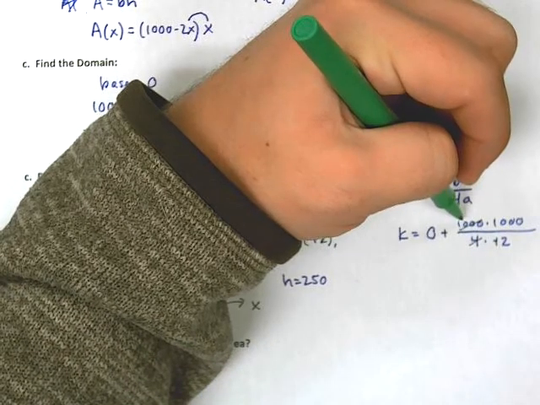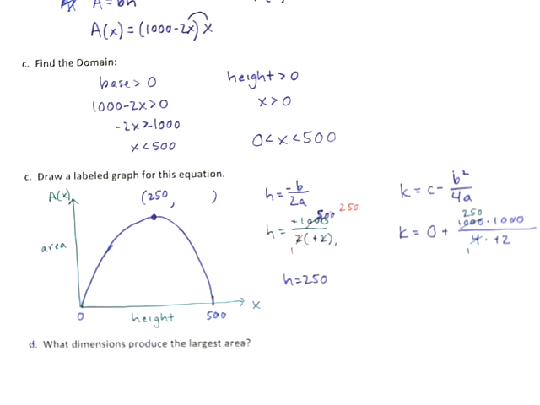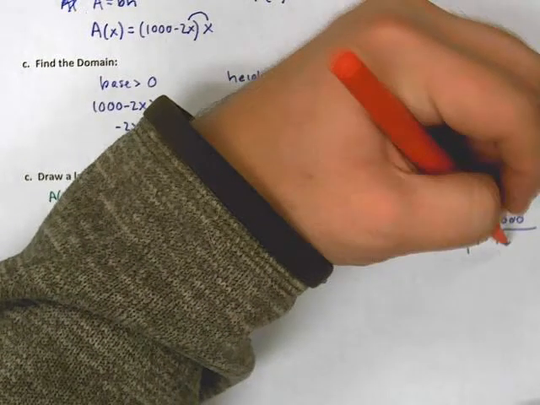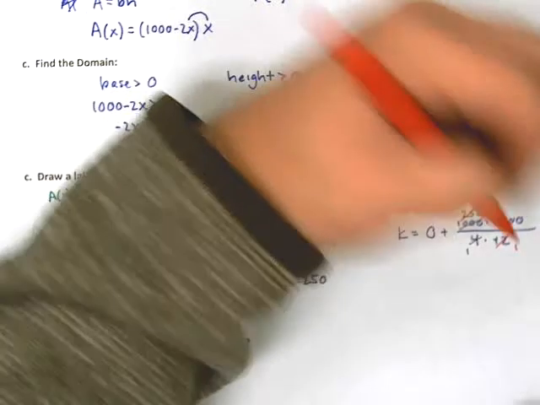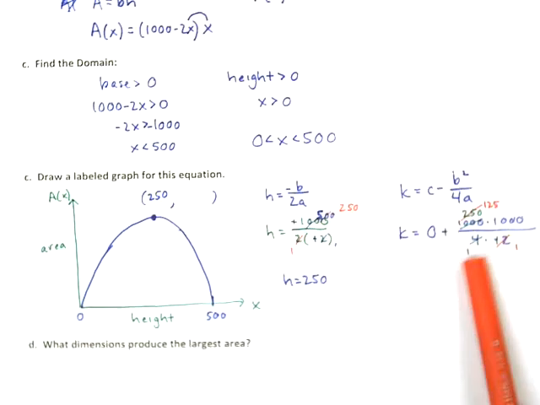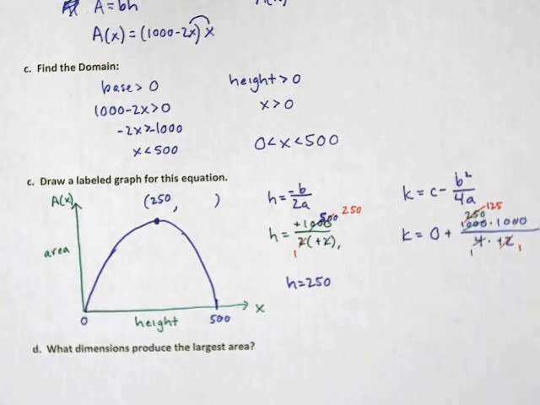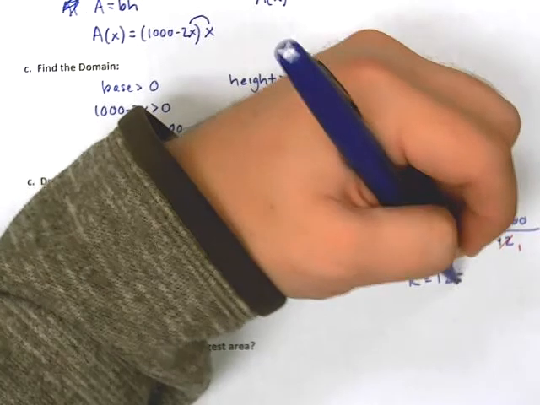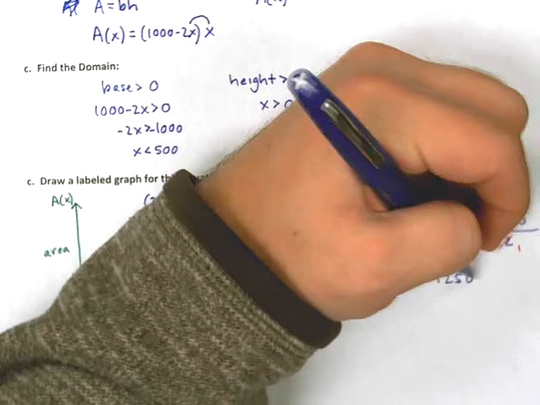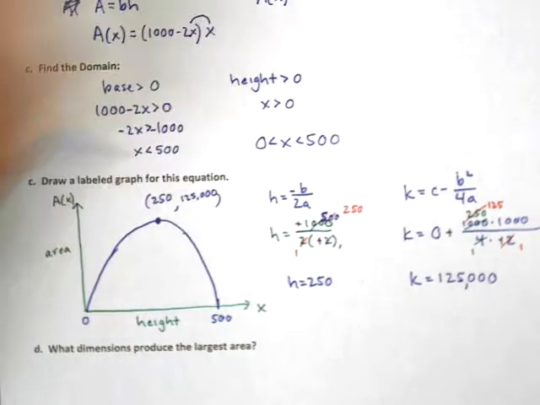I can reduce 1,000 divided by 4, that's 250 over 1. All right. I also know that 250 is even, so this is 125 and 1. So now we're ready to go. We have ones in the denominator, so we just have 125 times 1,000. And if you remember, 125 times 1,000 is just 125 with 3 zeros. So 125,000. All right, cool.